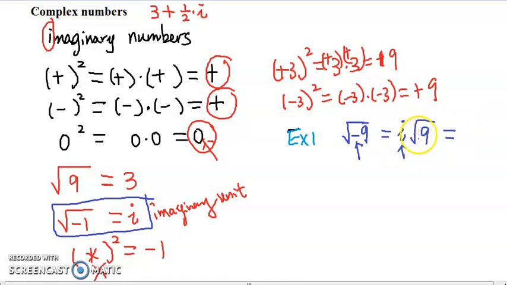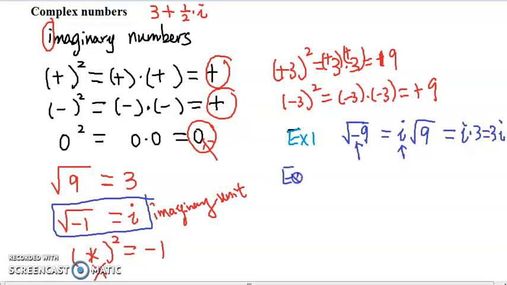And then we're going to simplify the square root of 9, which we have learned before. The square root of 9 is just equal to 3. So we get i times 3. But usually we like to put numbers in front of letters, so we write it as 3i, which means 3 times i. It's a complex number, so it's a real number times the imaginary unit.